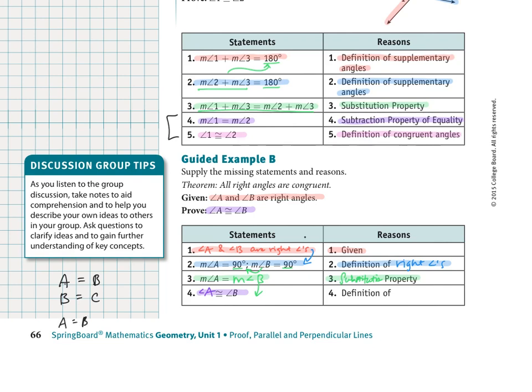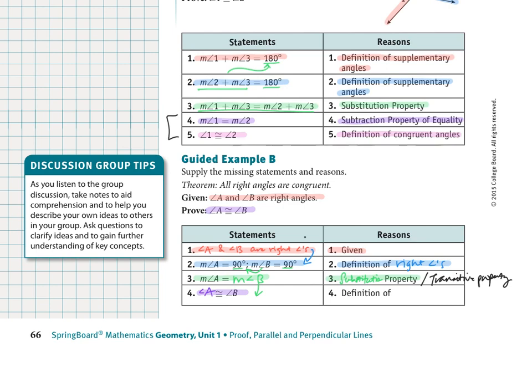We know A is equal to B, B is equal to C, so therefore A is equal to C. So this could also be our transitive property. This isn't always the case where you can do substitution or the transitive property, but keep that in mind. If you're more comfortable with substitution, then definitely use that.